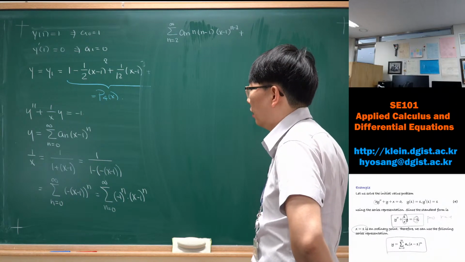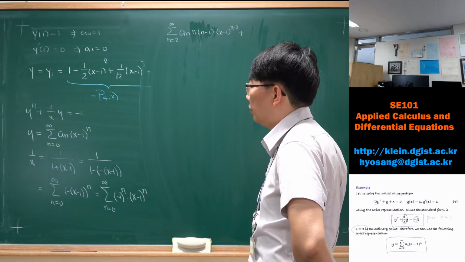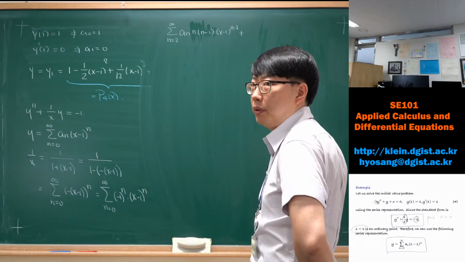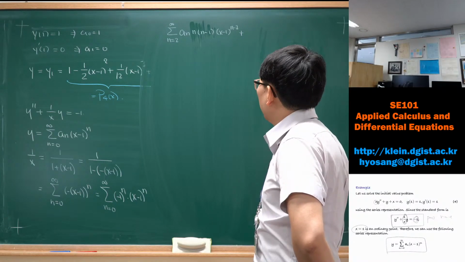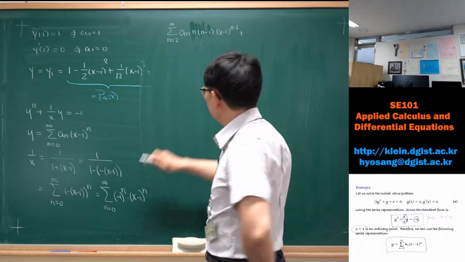Let me finish off this method and show this is not an efficient way of computing the series solution, and then try to plug in this one.